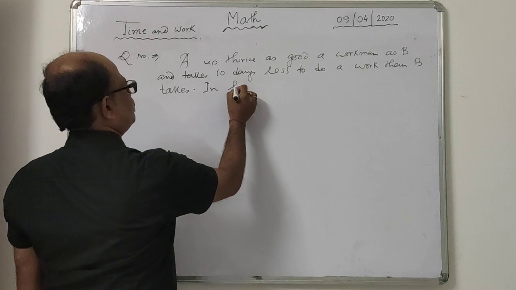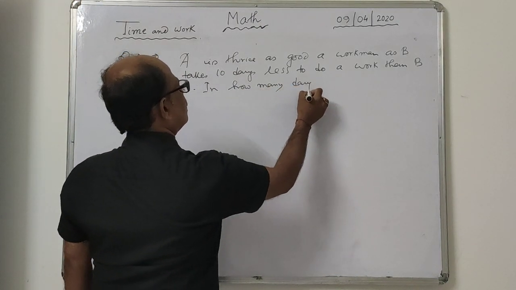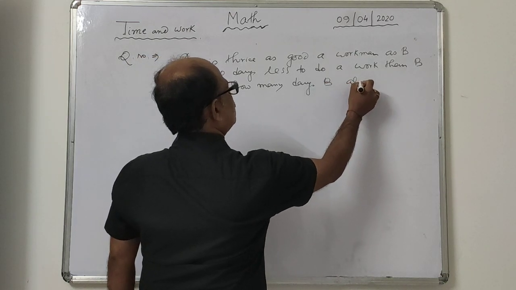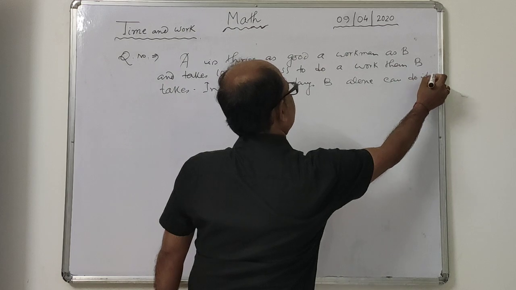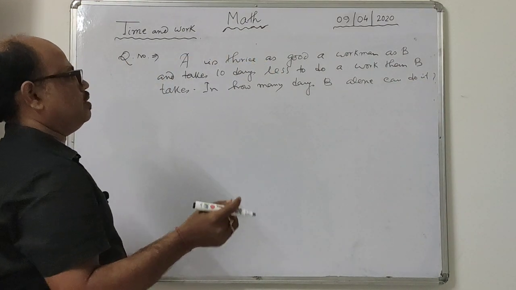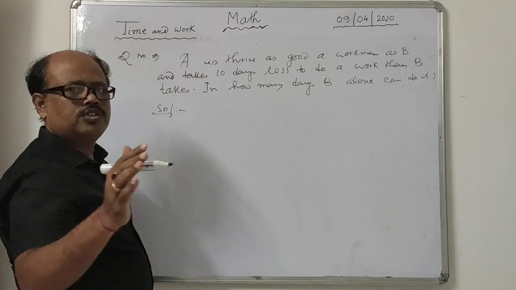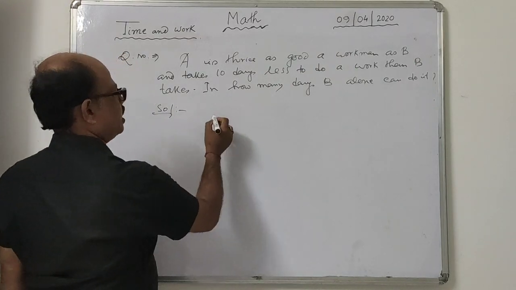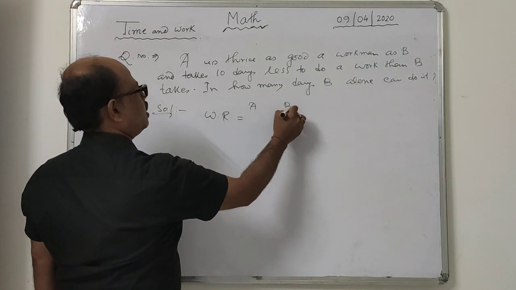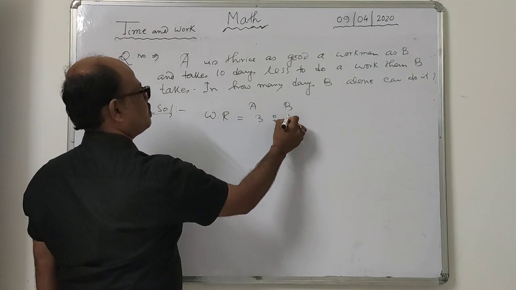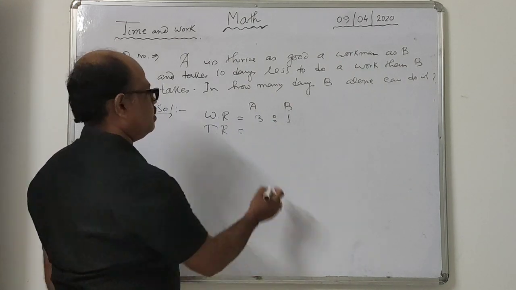Look at the question. A is 3 times as good as B. That means the work ratio of A and B equals 3:1, and you know the time ratio will be reversed, that is 1:3.